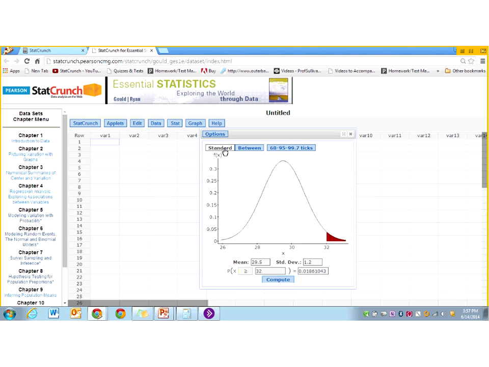It seems to be locked. Let's go back to standard. Oh, I am in standard. And what we do is we leave this blank, and we want to find 0.1. We need to find this x over here that corresponds to the 10th percentile.